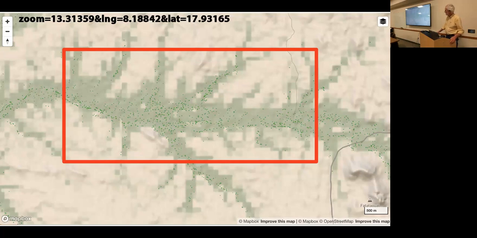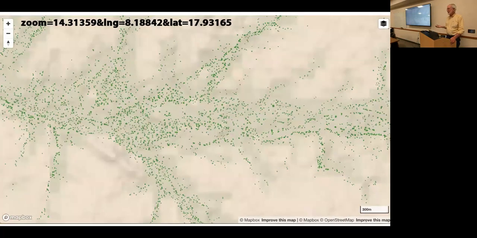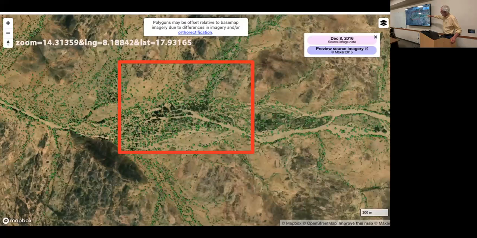And now you can see what looks like the landscape has smallpox or something like that, but each one of these are trees. Now you switch to the satellite view, and this puts it into the context of where you are. You're in a drainage area, and then next we'll zoom in to the area here where we can see individual trees. So now we can zoom in to the highest level.